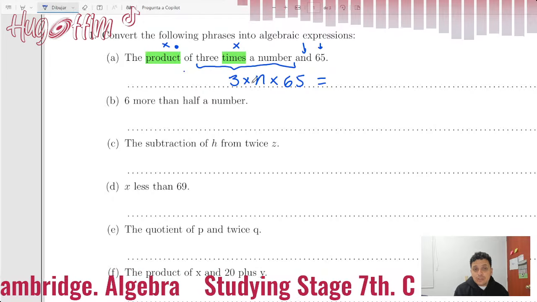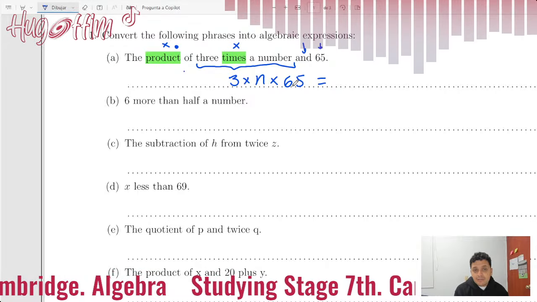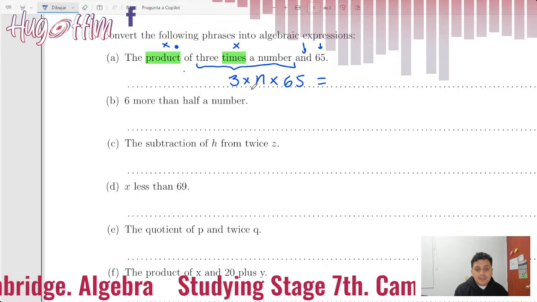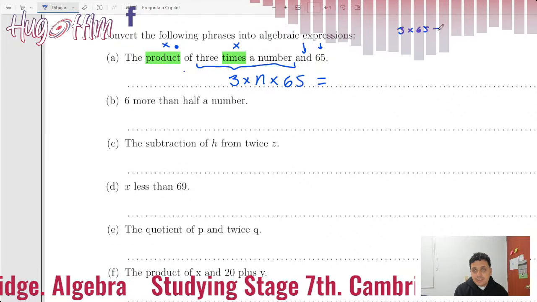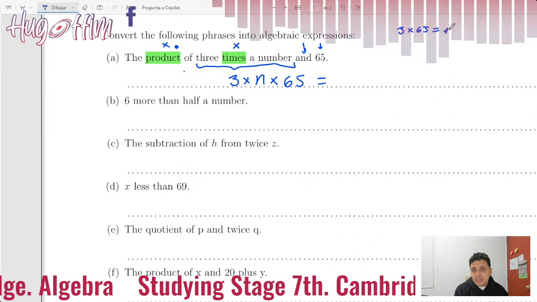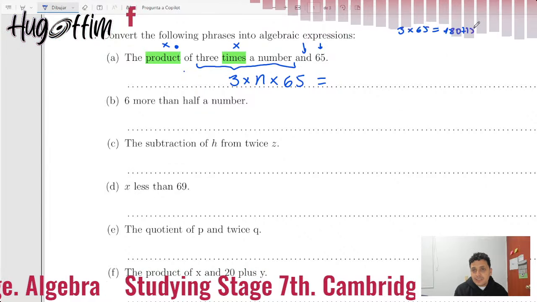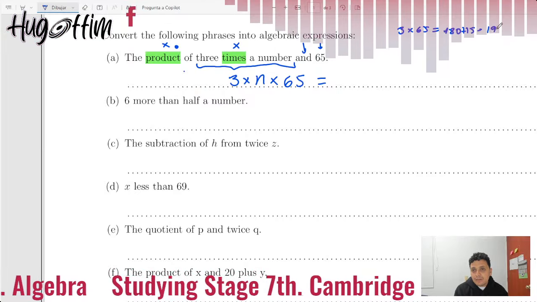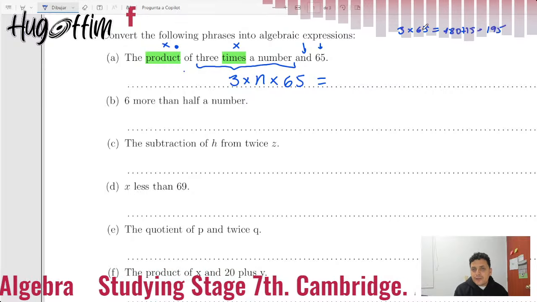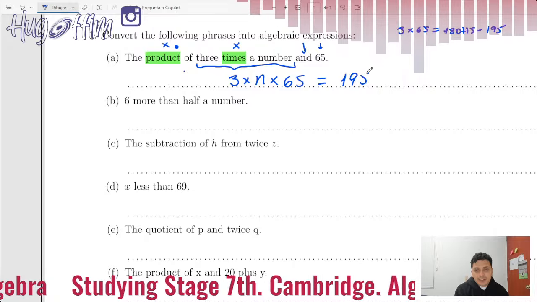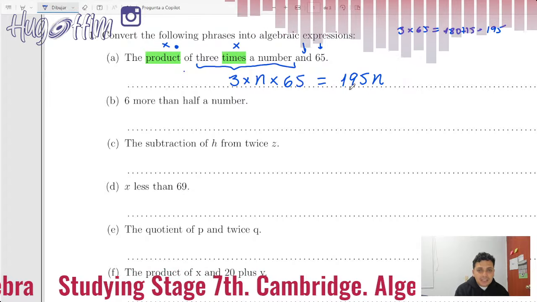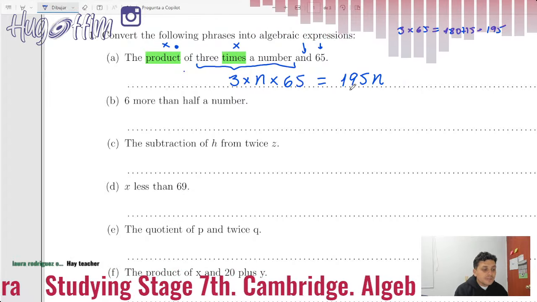So in this case, we need to multiply 3 times 65. 3 times 65 is the same as 180 plus 15, so it's 195. 3 times 65 is 195, and we don't put the multiplication sign, we just put n. In algebra, we put the coefficient first.